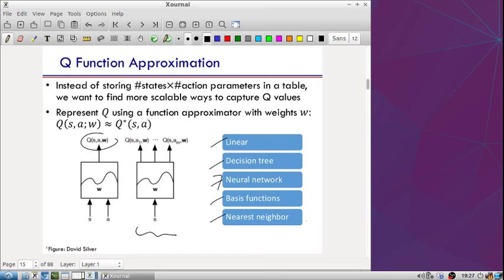There's a slightly different version which does the same thing. Given the input image, like what the robot is seeing, tell me the value of taking action 1, the value of taking action m, and so on. If there are m actions, for each image, what is the value of taking each action? As you can see, it's an image as an input and a bunch of numbers as an output.